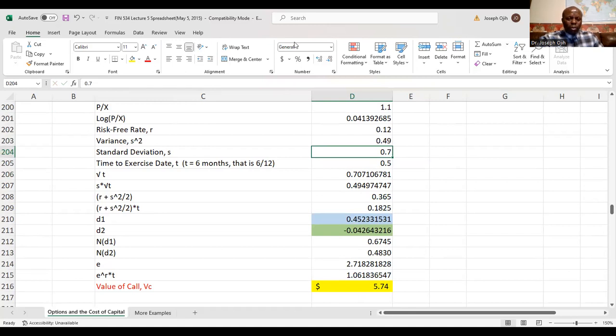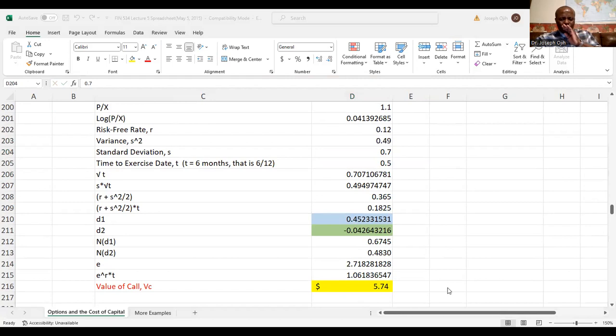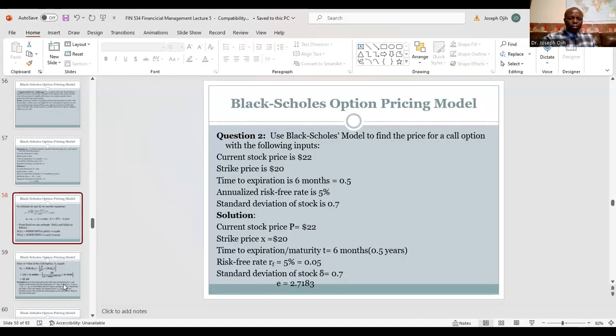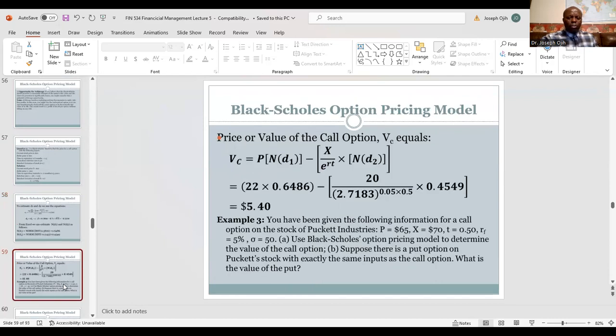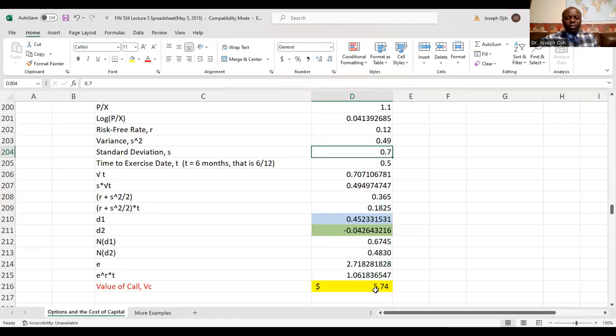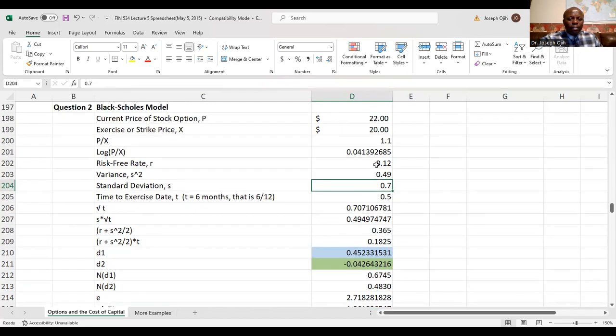Let me make sure we have the same result on the PowerPoint. So the value of the call option is $5.40. And we got $5.74 here. Maybe I typed the wrong answer there, but let me see. I have to make sure. Okay, I haven't changed the risk-free rate.